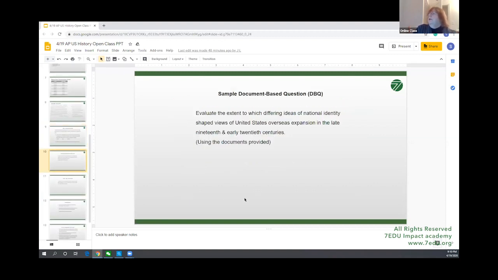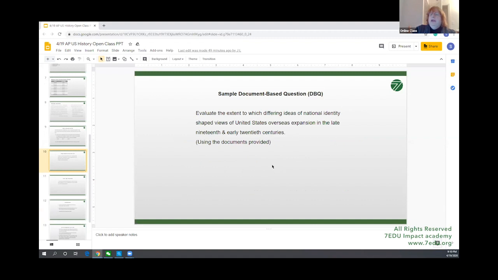Sample document based question, your DBQ. Evaluate to the extent to which differing ideas of national identity shaped views of United States overseas expansion in the late 19th and early 20th centuries, using the documents provided. As I mentioned before, they'll give you 7 documents.